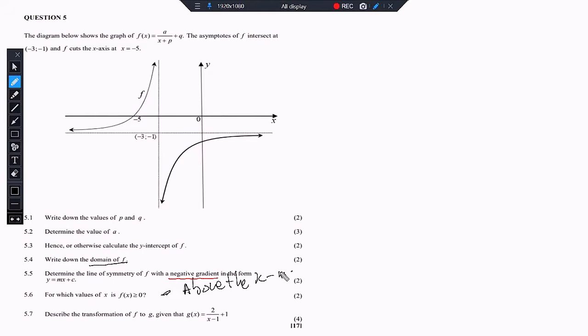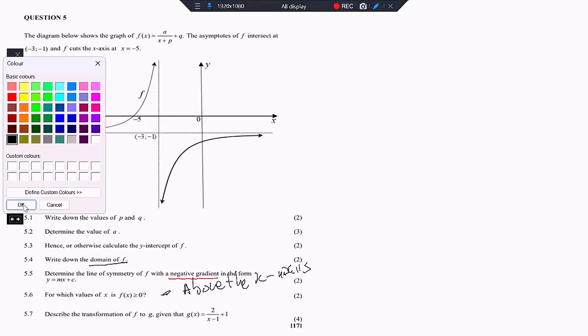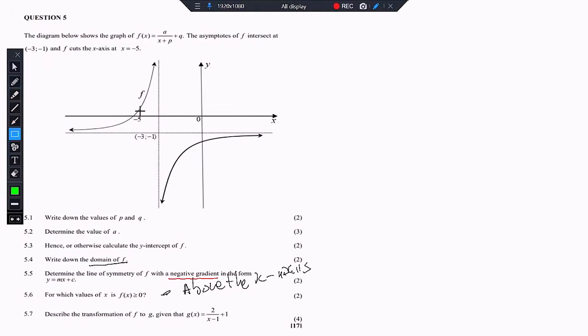So where do you see the graph being above the x-axis? You will soon realize that it is above the x-axis right at this point here.